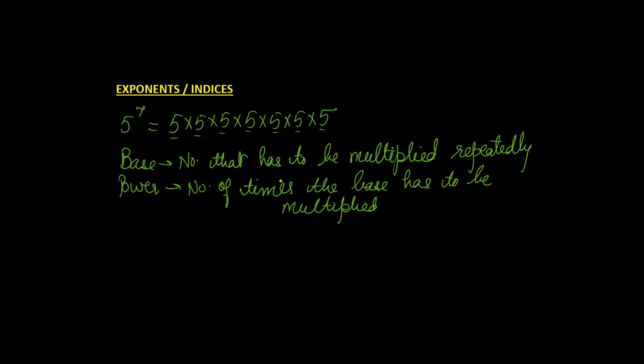I hope this is clear to everyone. So if we have 2 to the power m, it basically means we have to multiply the base, which is 2, repeatedly m times. If somewhere we have to represent 2 multiplied 10 times, writing 2 ten times everywhere will be a very tiring job, and you might introduce lots of errors.